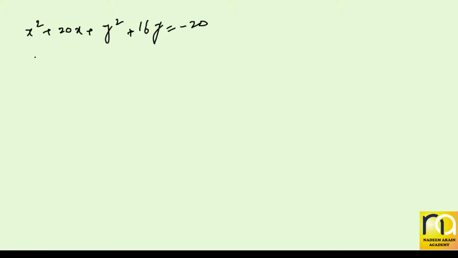Alright, so a square plus 2ab, a square plus 2a times b, what is b? 20 over 2, 10. And we need b square on this side, so we will add b square on this side: minus 20 plus 10 square.